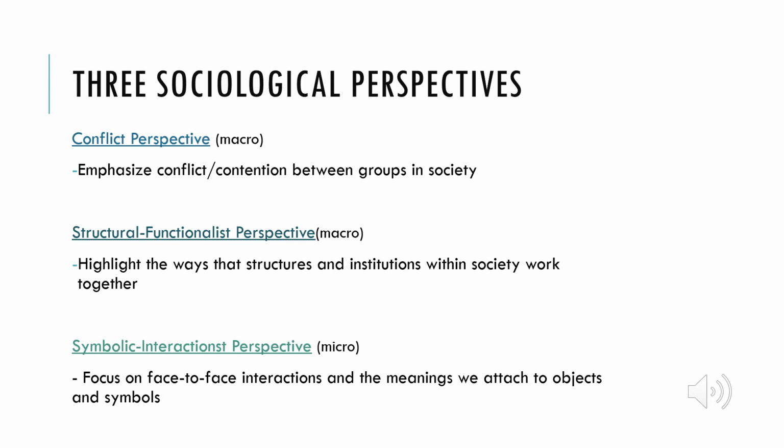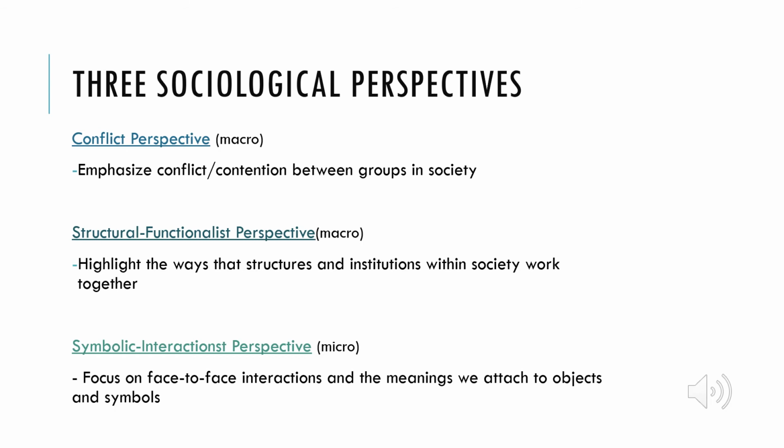So the conflict perspective is a macro level perspective which emphasizes conflict between groups of people. This perspective is most associated with the work and writing of Karl Marx, and he focused on class conflict or class inequality. However, we also can extend this easily to other types of groups that make up societies.